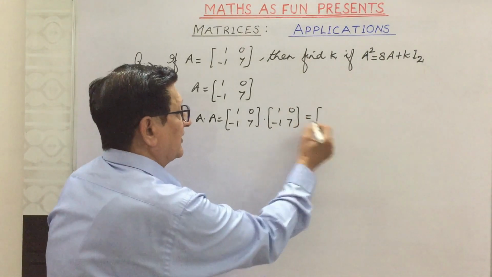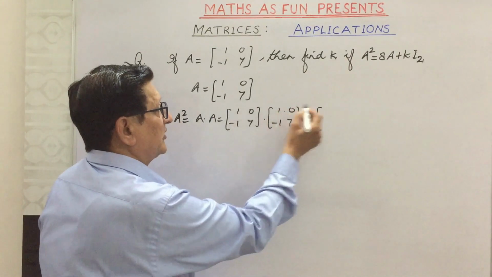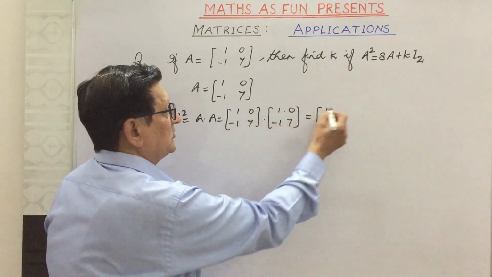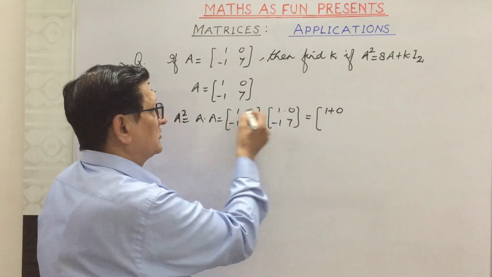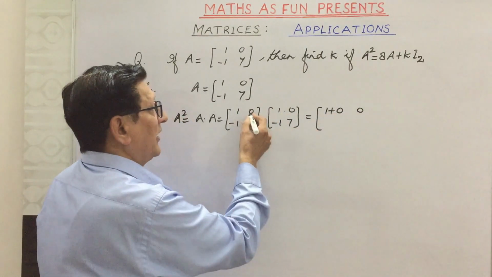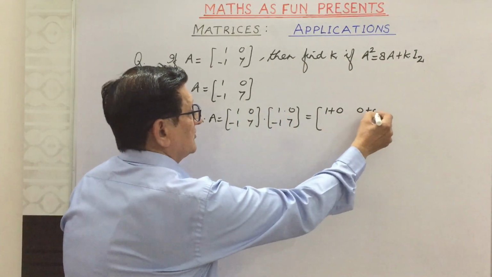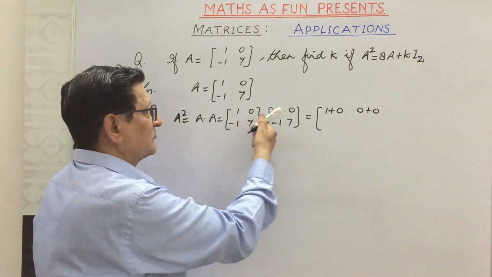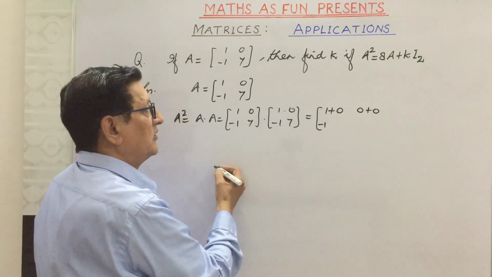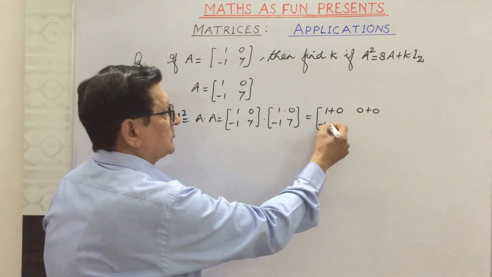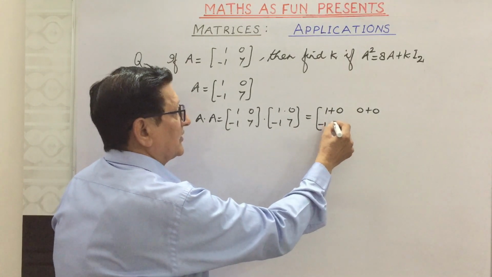We know how to multiply. If we multiply them row to column, this will be 1 into 1 is 1 plus 0 into minus 1 is 0. This is 1 into 0 is 0 and 0 into 7 is 0. This is minus 1 into 1 is minus 1 plus 7 into minus 1 is minus 7.